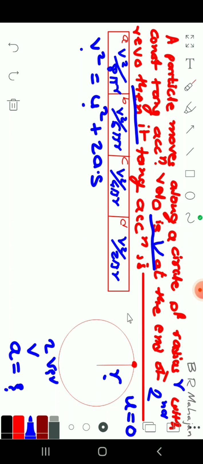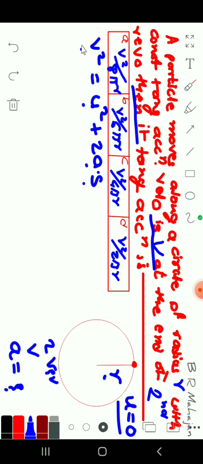As the particle is starting its motion, we are going to consider its initial velocity 0. a is the tangential acceleration and s is the distance covered by the particle in two revolutions. So let me put those values.